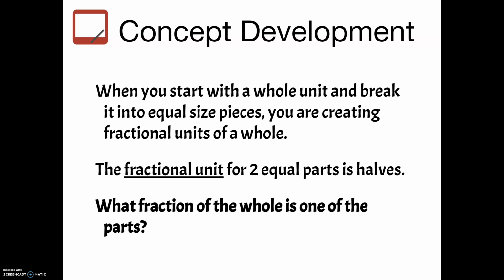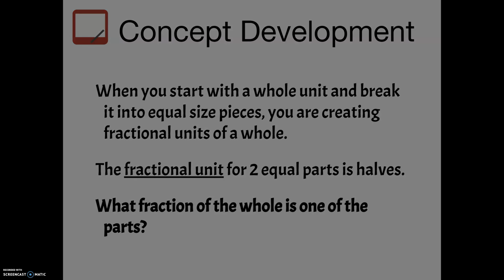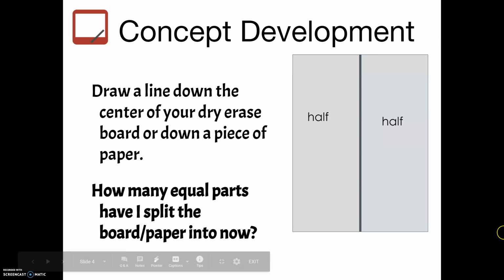So if the parts are called halves, what do you think the fraction of the whole is for one of those parts? One of the parts would be 1/2. If we're talking about just one of these parts, it is 1/2.